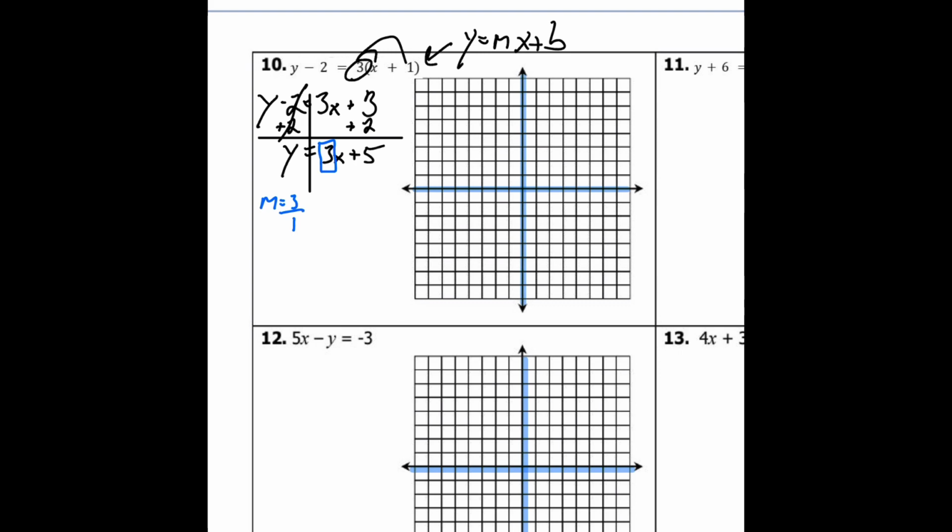My y-intercept is positive 5. Y-intercept equals positive 5, and that's my starting point. My y-intercept is my starting point, so I'm going to go up 5 on this graph. 1, 2, 3, 4, 5, and I am going to put a dot.